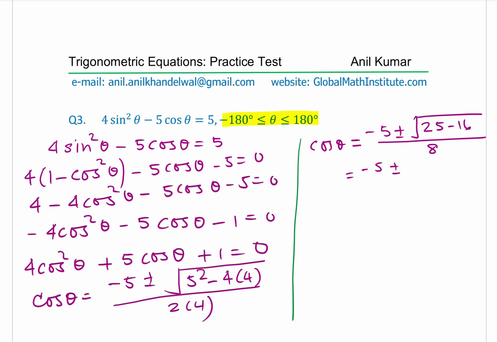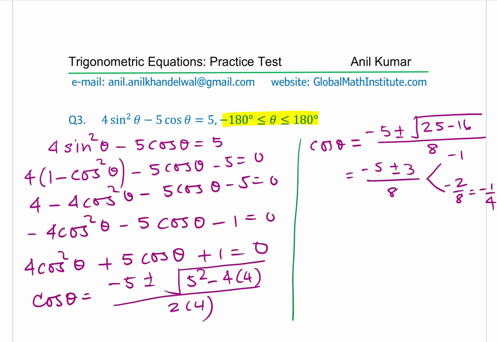So let's use the calculator to find this answer. The square root of 25 minus 16, that is 9, is 3. So plus minus 3 over 8. That gives you minus 8 over 8, which is minus 1. And when we have plus 3 here, we have minus 2 over 8, which is minus 1 over 4.